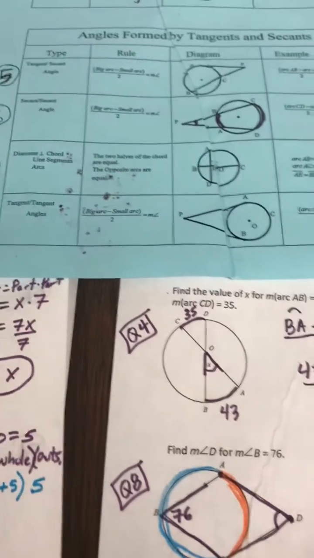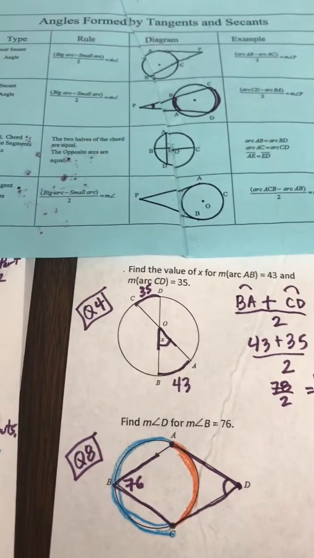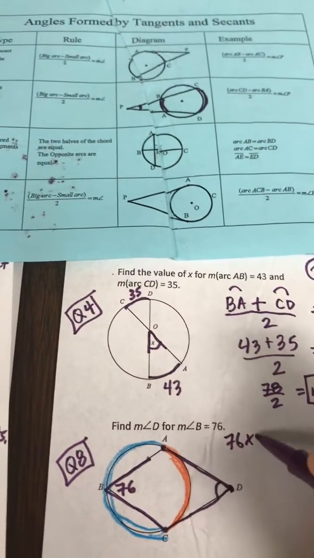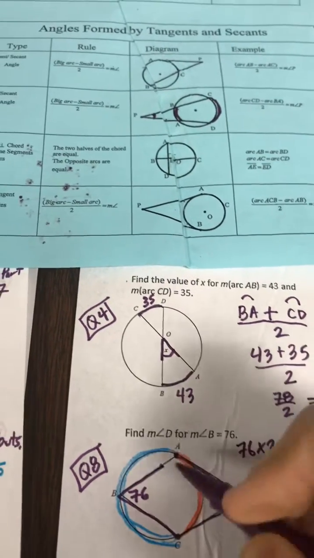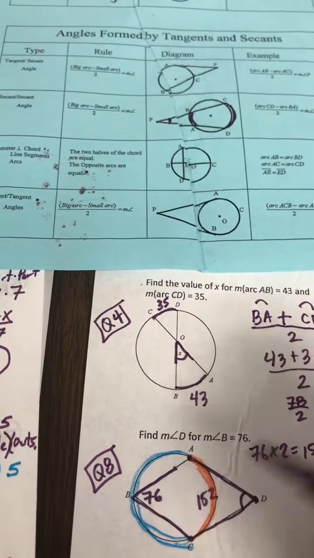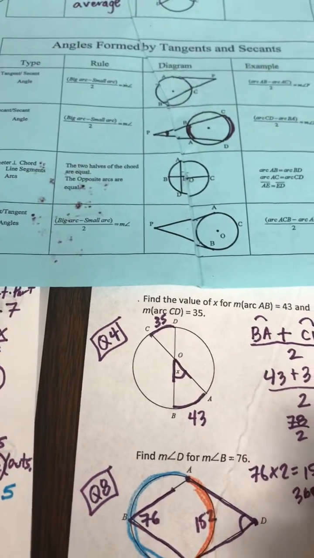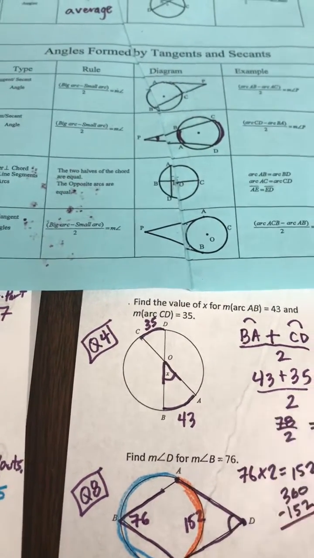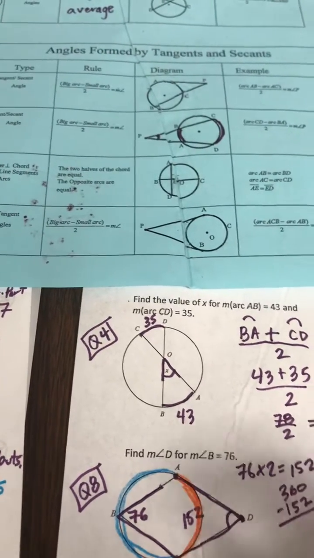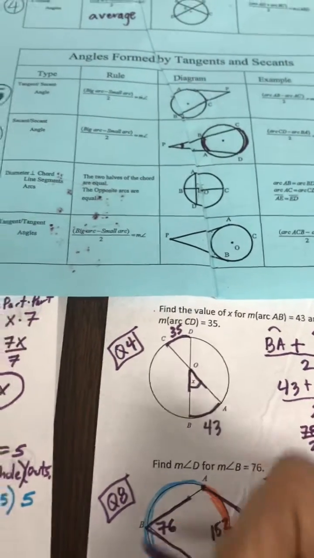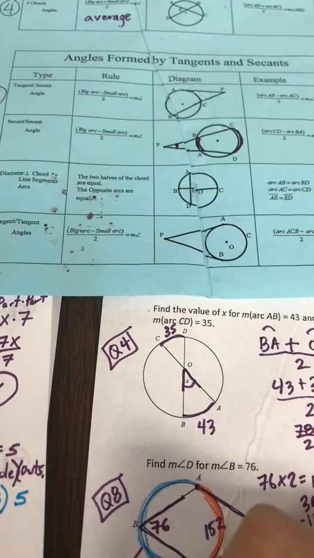So that means the orange snow would have to be 76 times 2. 152. Interesting. So this is 152. And now I also know the blue snow, 360 minus 152 is 208. So I know the blue arc is 208.